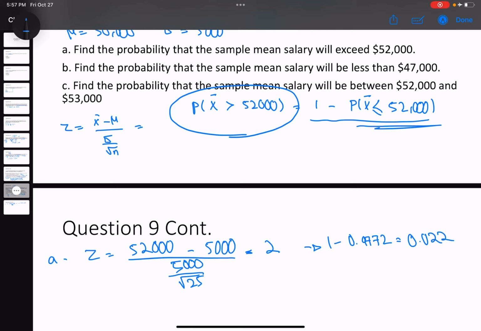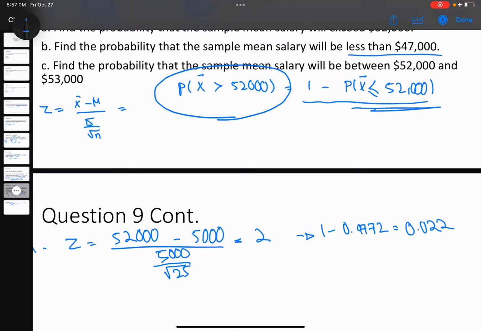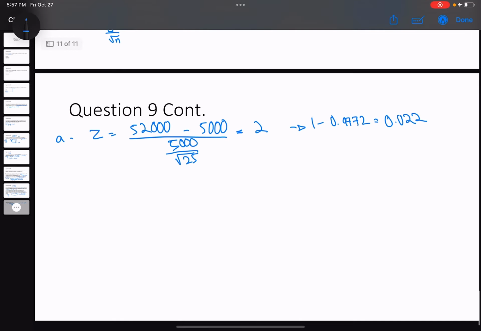B. Find the probability that the sample mean salary will be less than 47,000. P for x bar less than 47,000.